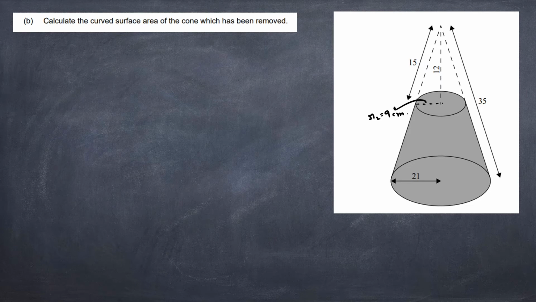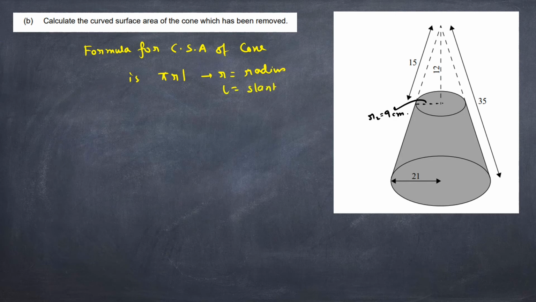Now the formula for curved surface area, for CSA, I am writing in this way. The formula for CSA of cone is pi r L, where r equals the radius and L equals the slant height. So from here we can get the CSA of the cone that has been removed.